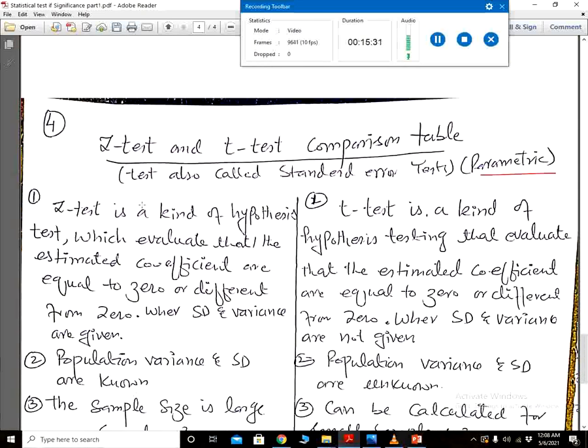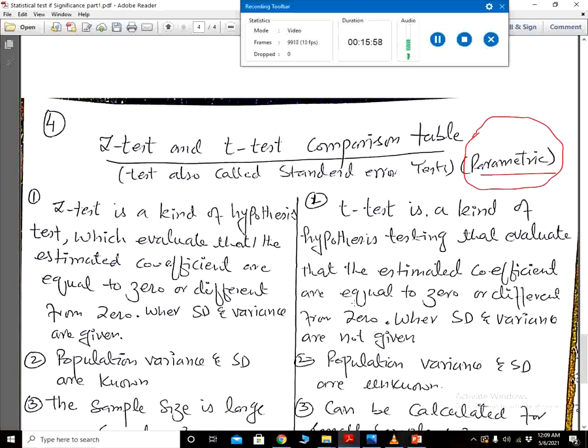These tests are also called standard error tests, and these are also called parametric tests. Why are these parametric tests? Because these tests follow the normal distribution, because beta naught cap and beta 1 cap are normally distributed around their respective means with constant variance.